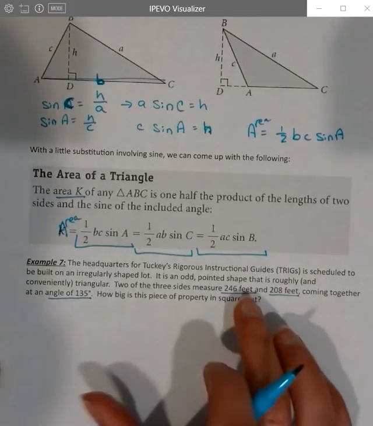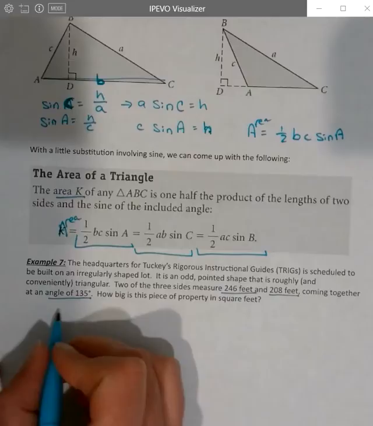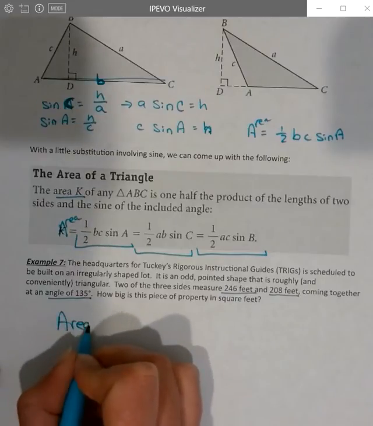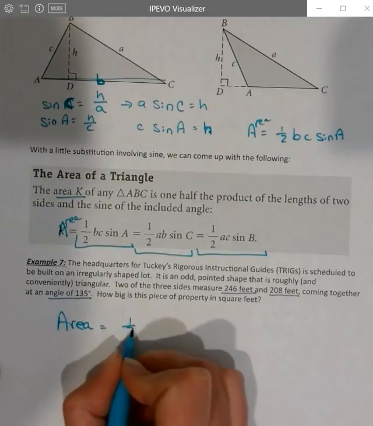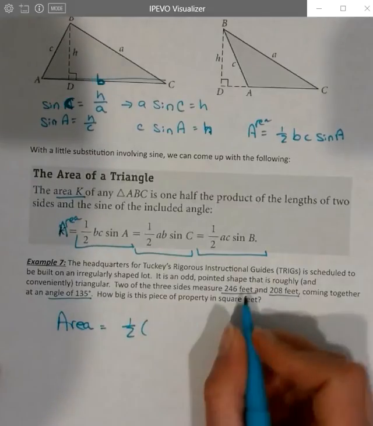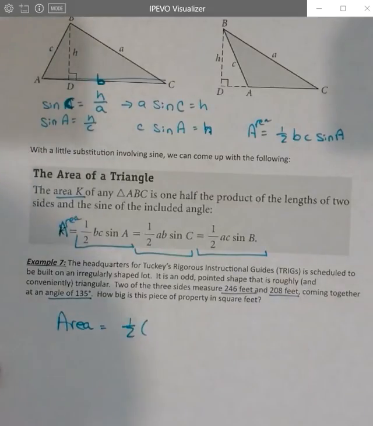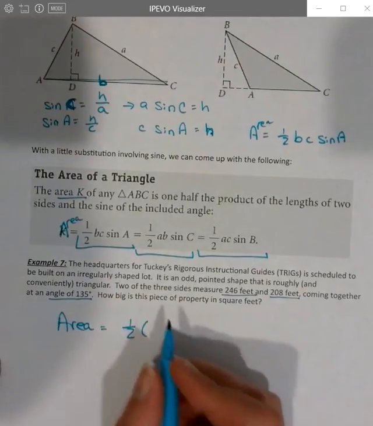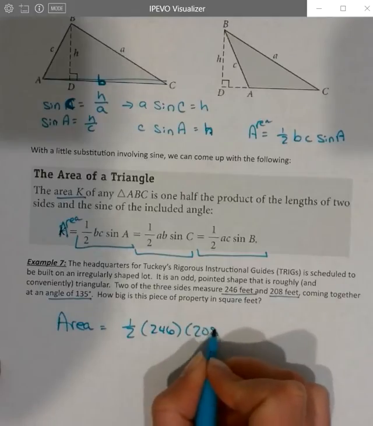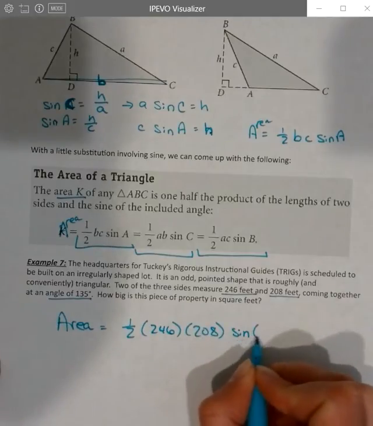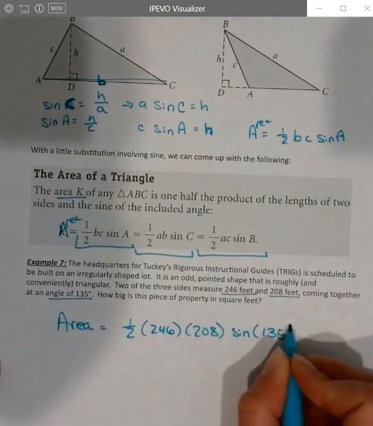So they've given us the angle between them, so I can get the area using this formula without even having to draw my picture, but I can if it helps. But we have 1/2 times the two sides and the angle between them's sine. So 1/2 of 246 times 208 times the sine of 135 degrees.